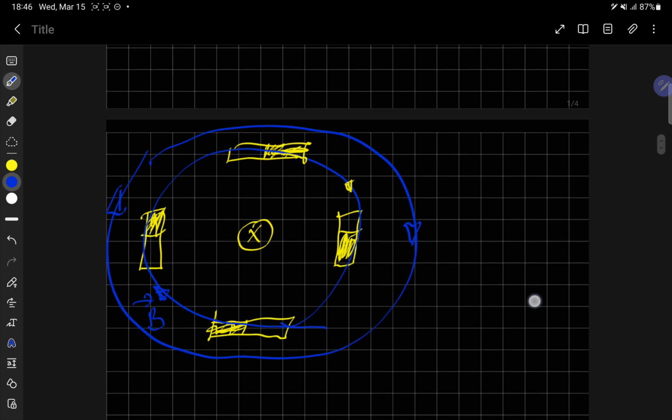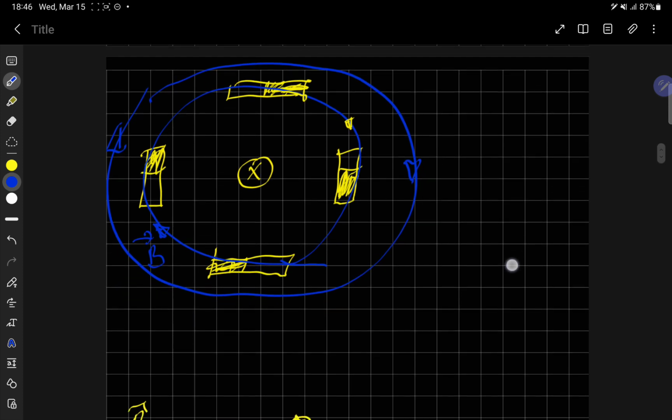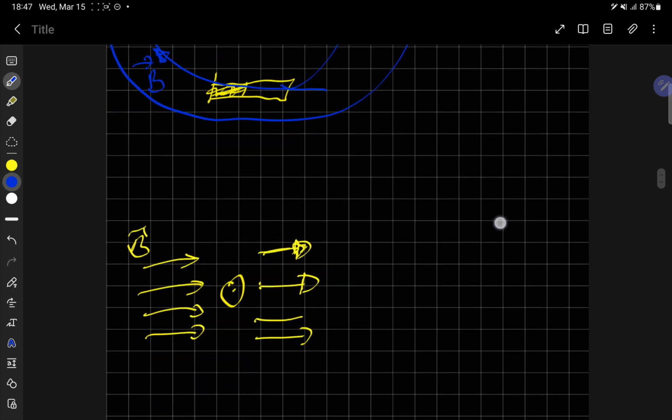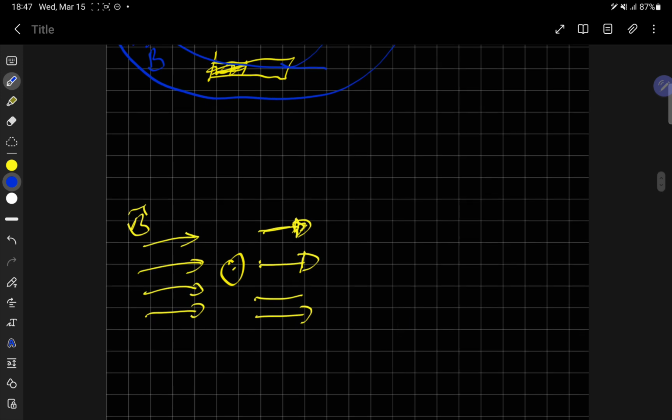This is an experimental fact. Now let's take a wire and put it into a magnetic field.